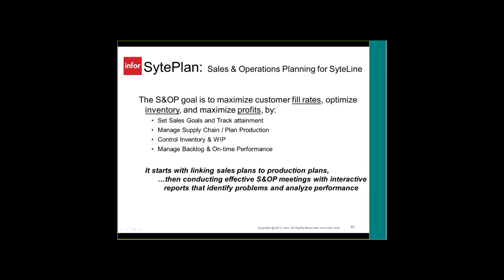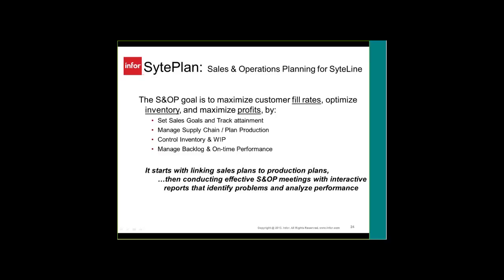So we designed the application generally after what the American Production and Inventory Control Society considers to be sales and operations planning goals and guidelines, also the Institute on Business Forecasting. And it's generally around the area of maximizing customer fill rates, optimizing your inventory levels, and of course, maximizing profits.